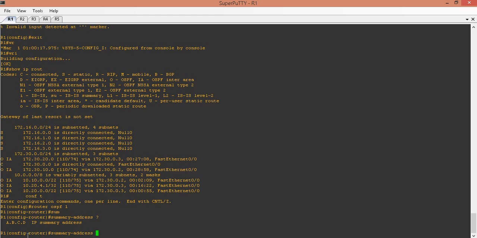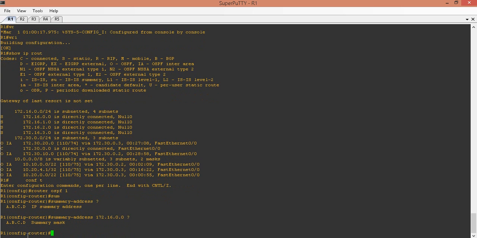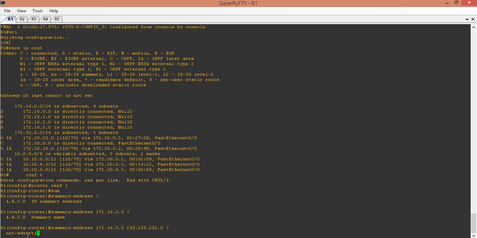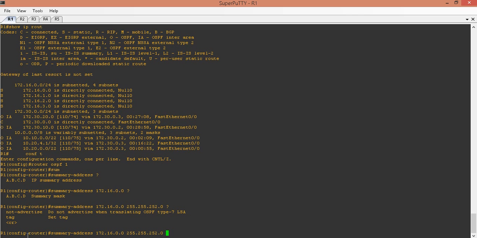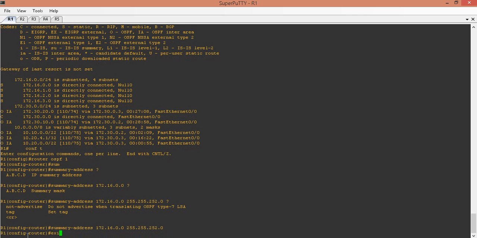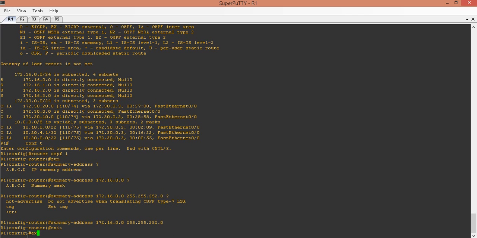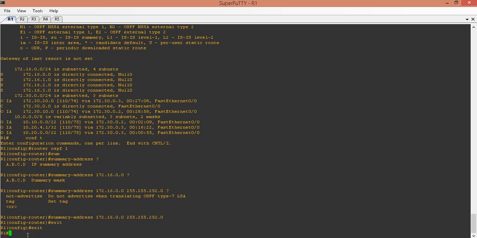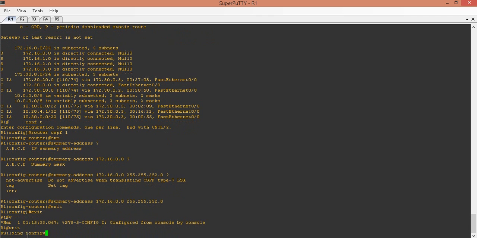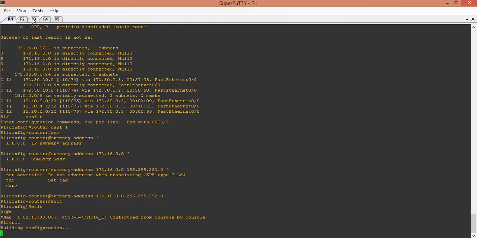The summary address is 172.16.0.0, and the summary mask will be 255.255.252.0, and that's it. So it's been summarized, and it is going to inherit the same attributes as the original.